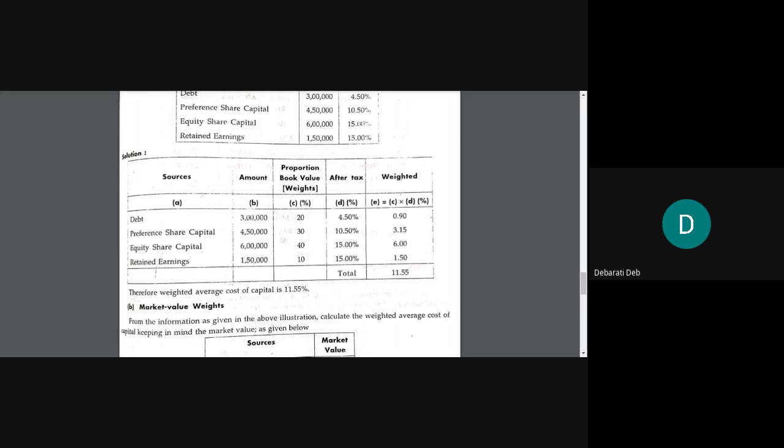With this, you multiply 100 and you get 3.15. 3.15 is the percent. Similarly, do the rest of the two also, and then you do the total. You add all these weighted costs, and that is the weighted average cost of capital.